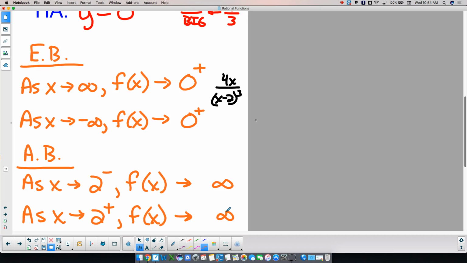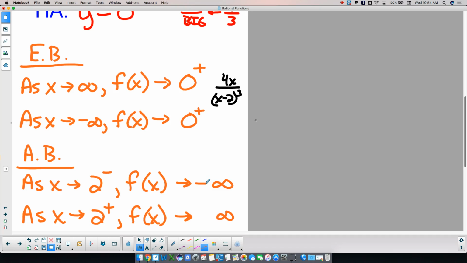So again, if I put in a number left of 2, like 1.9, if I put that on the top, I get 1.9 times 4, which is a positive number. If I put 1.9 on the bottom, I get 1.9 minus 2, which is negative, right? And then I cube that. So it's going to be a negative number on the bottom. Positive divided by a negative is negative.